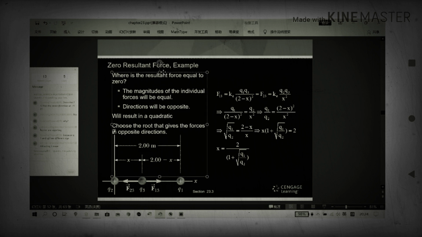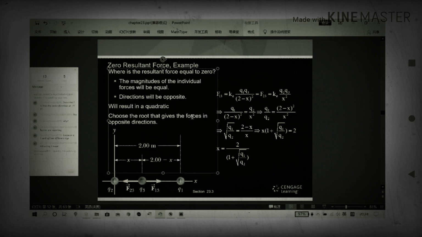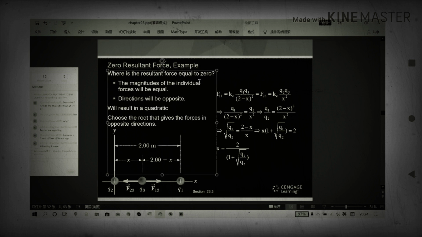Now you know how to solve problems like this, hopefully, okay? So now you solve problems like this using Coulomb's law. This is one application of Coulomb's law.